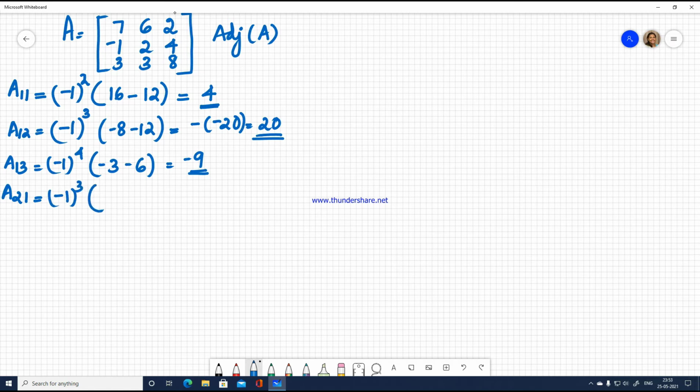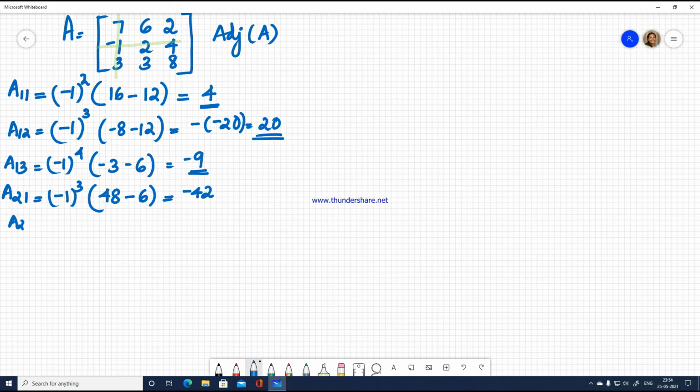That gives 7 into 8, that is 56, minus 6 into 8, that is 48, minus 6. So we get the answer 42, with the sign it becomes -42.